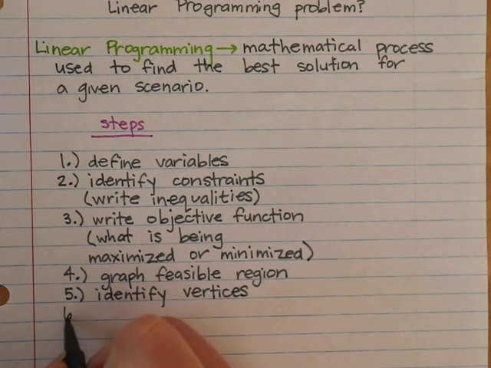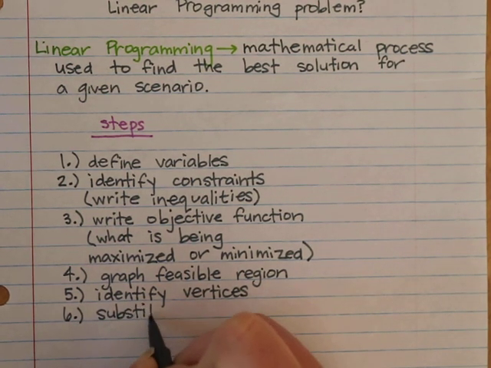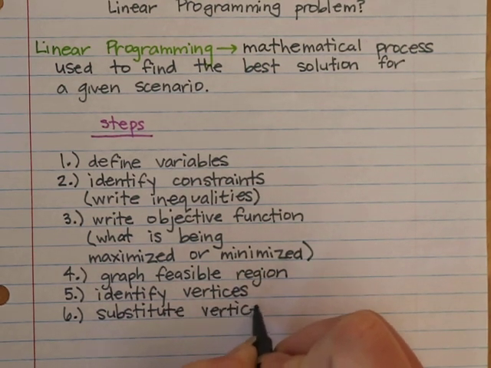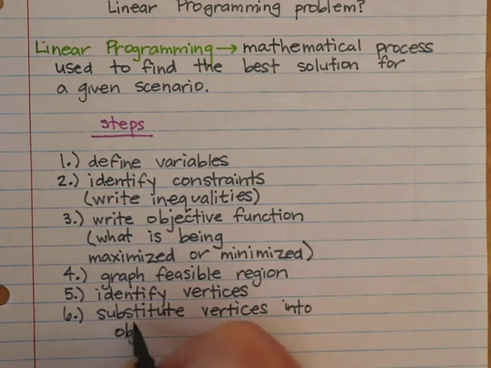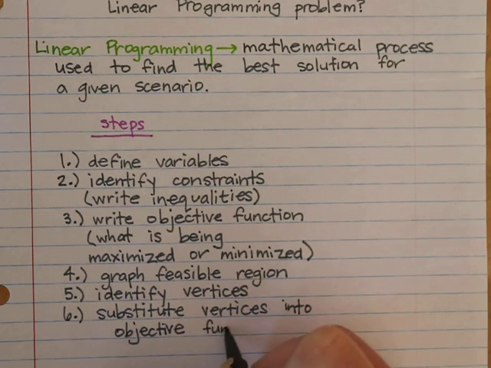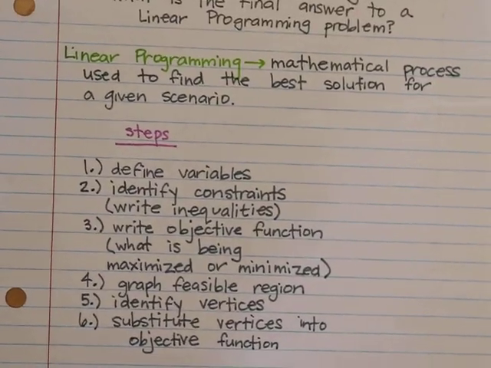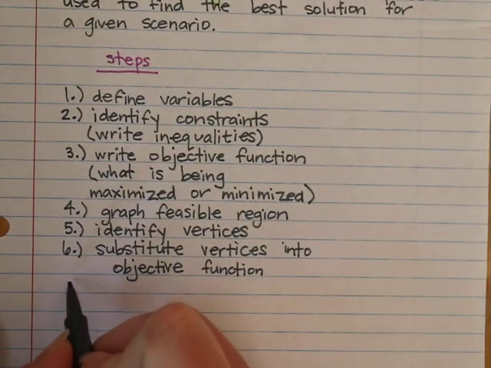We're going to substitute our vertices into the function, the ordered pairs, x's and y's, because we want to see which one of those gives us either the highest profit, lowest cost, things like that. And then based on what we get, we're going to identify our solution.